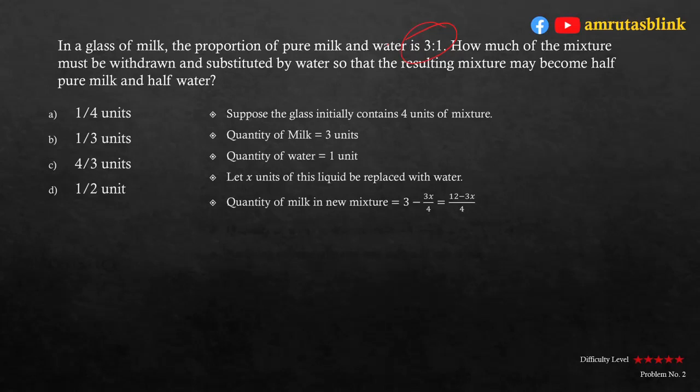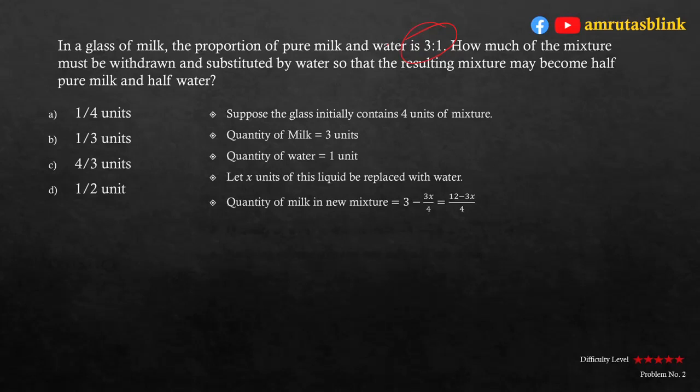So the remaining milk in that mixture is, originally there were 3 units, so 3 minus 3x upon 4, that is 3 4s are 12, 12 minus 3x upon 4.